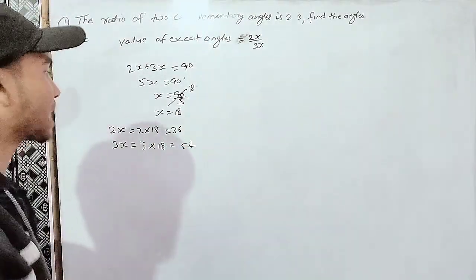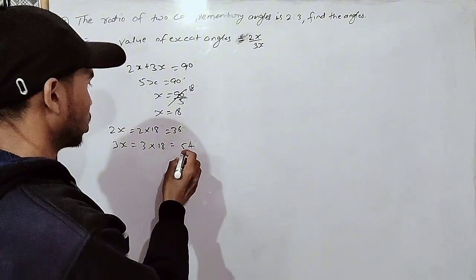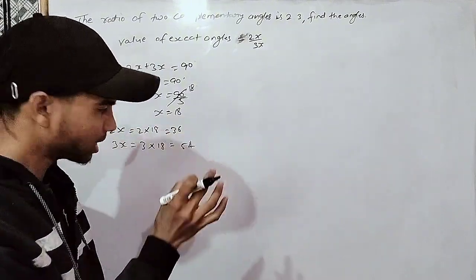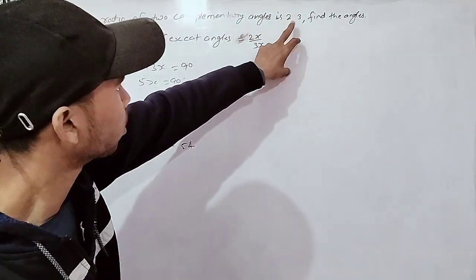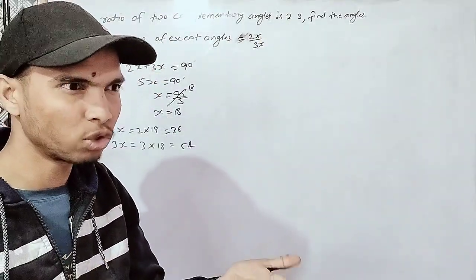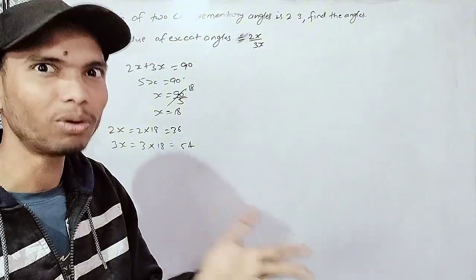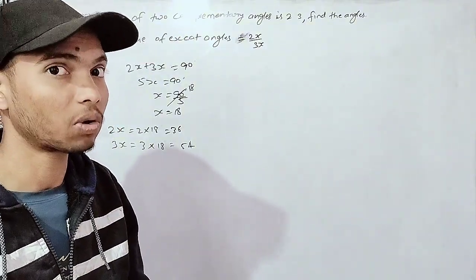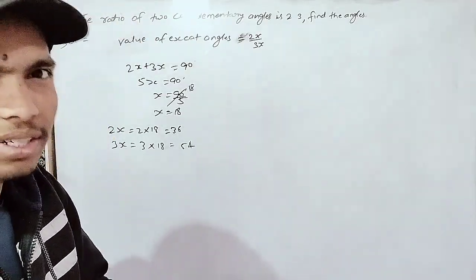These are the exact values of the angles. Now just add 36 and 54. Is it a sum of 90 degrees? Yes. The earlier values were just a ratio.